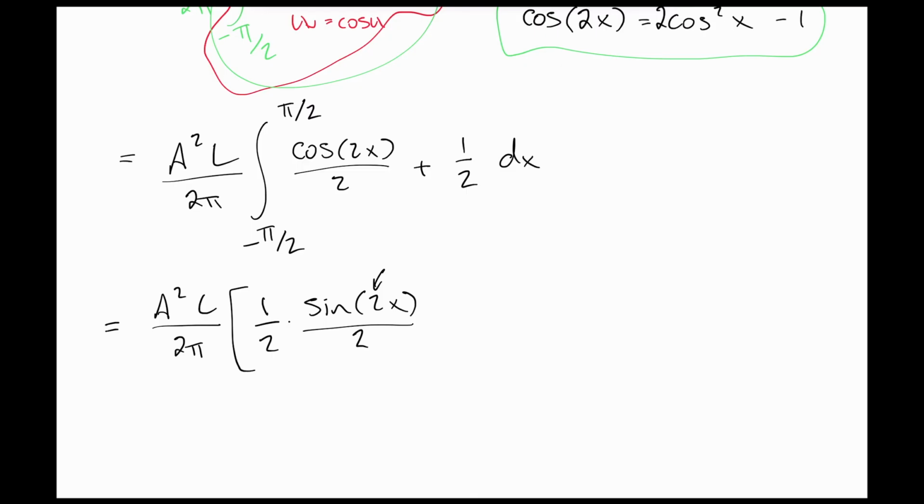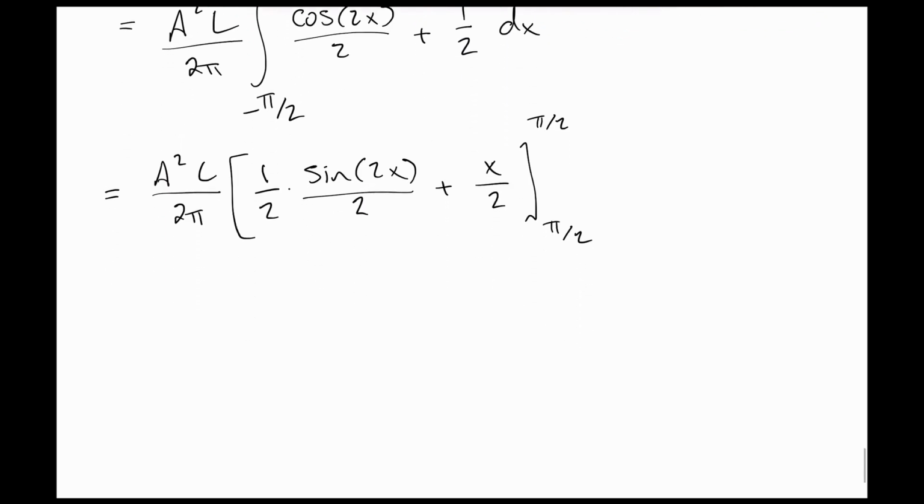We do like chain rule or u sub or whatever it is. Then we got plus, and then here we have 1 over 2, which the antiderivative of that is x over 2, right? Now we have pi over 2, negative pi over 2, and we can solve this out.